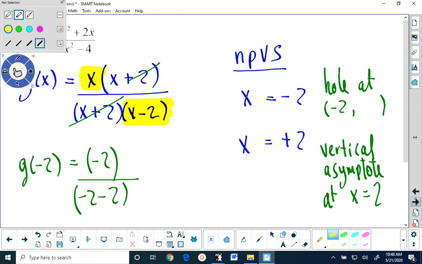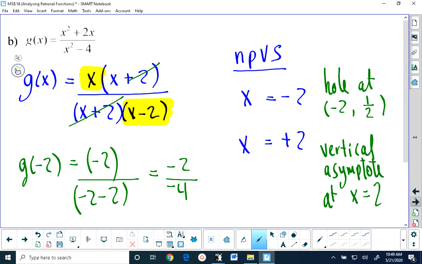So I need to take negative 2 divided by (negative 2 minus 2). That gives me negative 2 on the top and negative 4 on the bottom, which gives me 1/2. So the graph of this function would have a hole at (negative 2, 1/2) and a vertical asymptote at x equals 2. And you could feel free to use your graphing calculator to confirm these things.